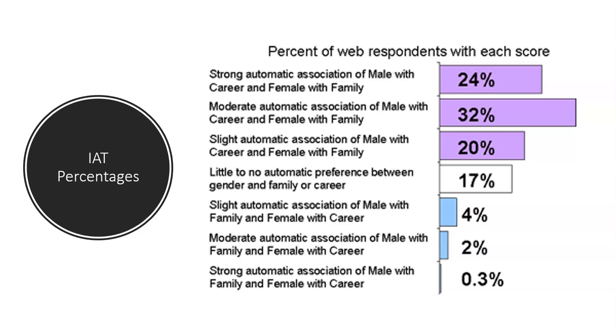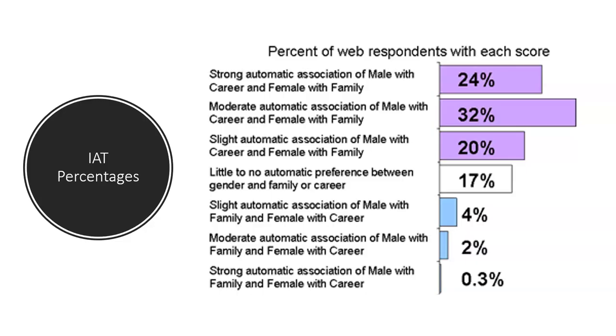Not everyone believes them, but it's significant enough in our cultural context that even people who don't live their lives that way tend to have a strong automatic association between them, because so much of our cultural rhetoric, so much of our cultural exposure pushes us in that direction.